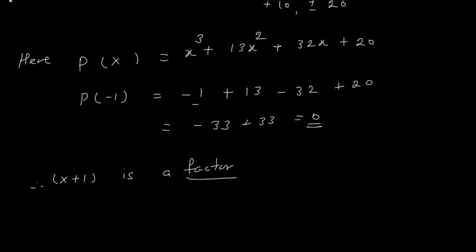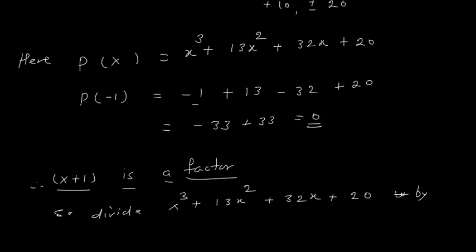Like this you can find all other factors, or you can divide your polynomial by x plus 1. So divide x cube plus 13x square plus 32x plus 20 by x plus 1.